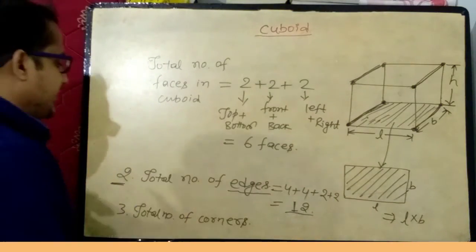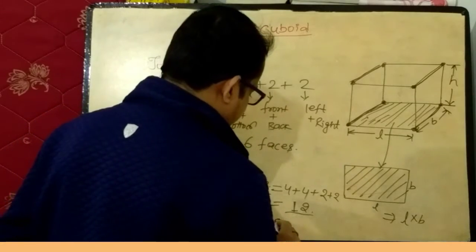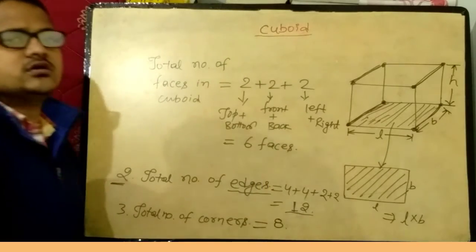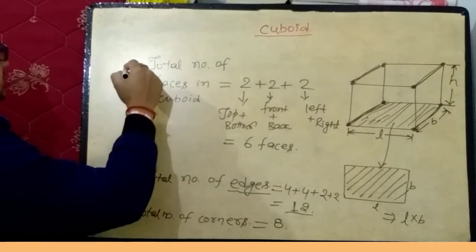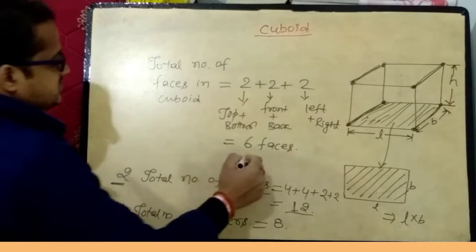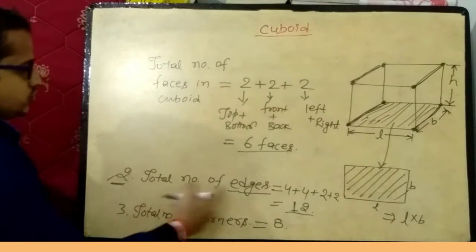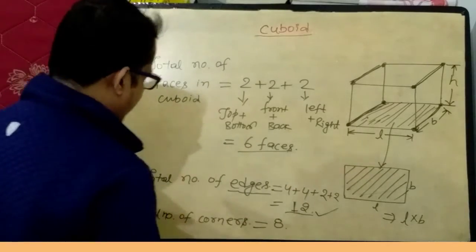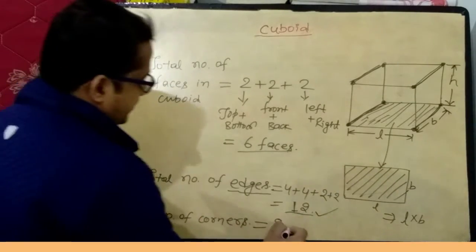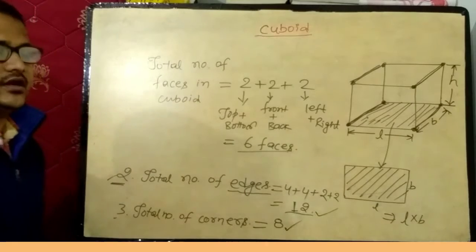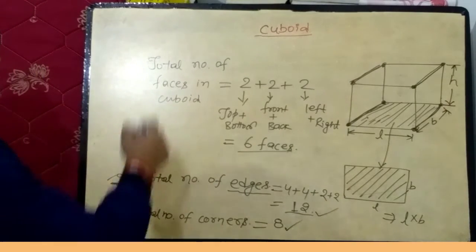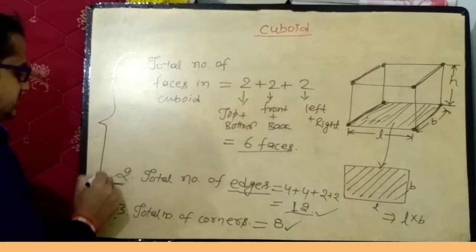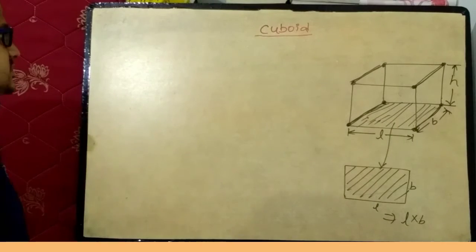So a cuboid has total 8 number of corners. So all these are: first, total number of faces in cuboid 6, second, total number of edges in cuboid 12, and third, total number of corners in cuboid is 8. You have to remember all these 3 results.